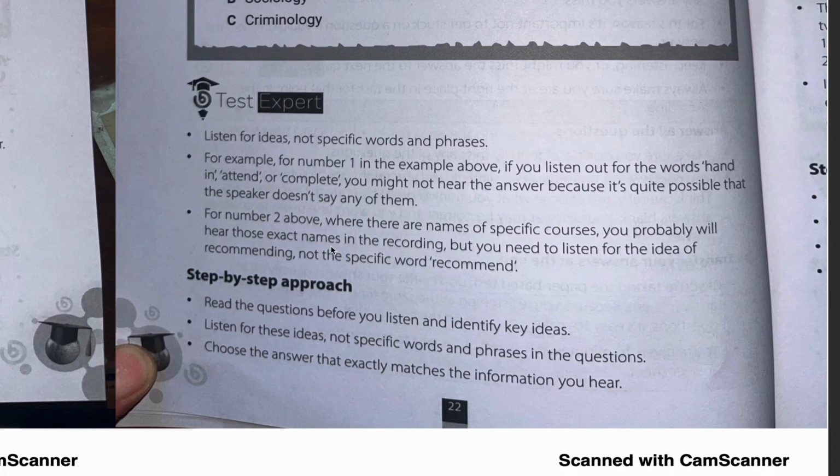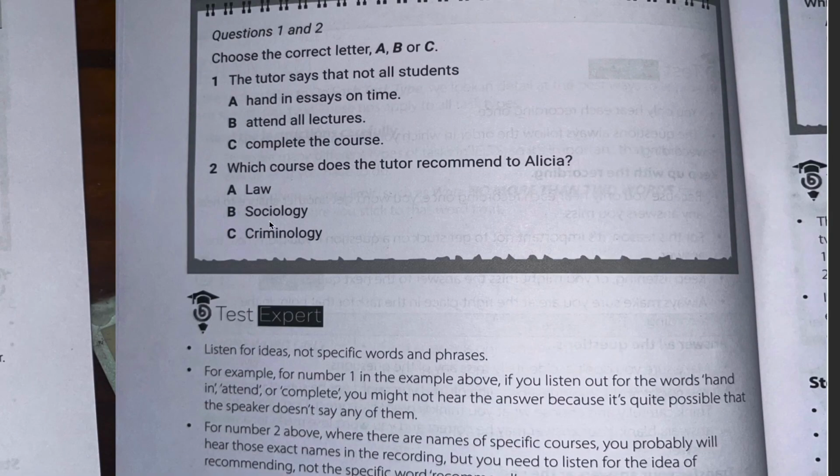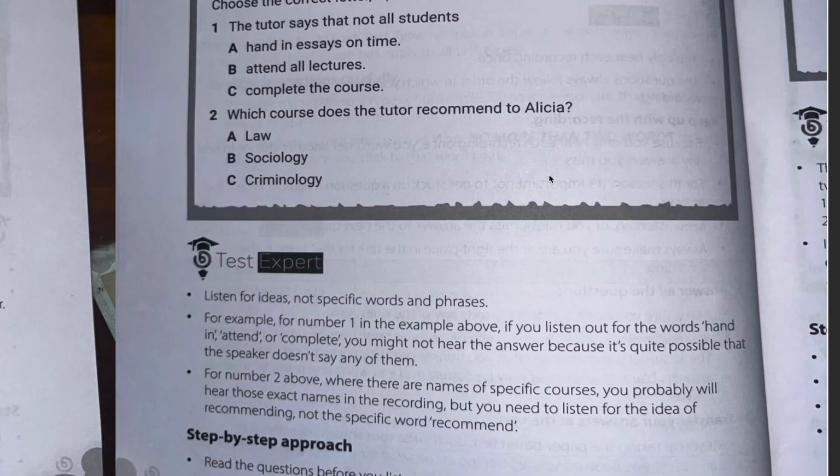In number 2, there are names of specific courses: law, sociology, or criminology. You will probably hear only one of the courses recommended to Alicia, so that is also something you need to keep in mind. In some of the questions they deliberately confuse you. Say the tutor says to Alicia, hey Alicia, you should be taking law.